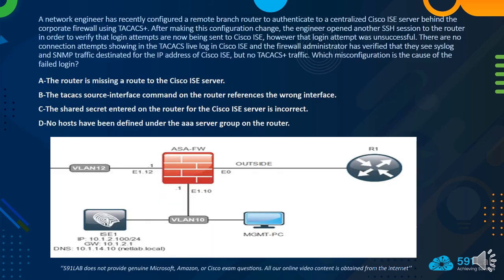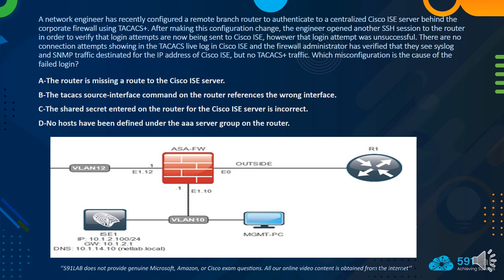The next question: a network engineer has recently configured a remote branch router to authenticate against a centralized Cisco ISE server, and this server is located behind a corporate firewall that is using the TACACS+ protocol.